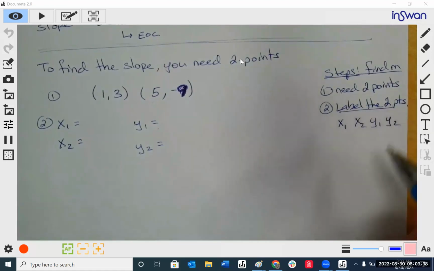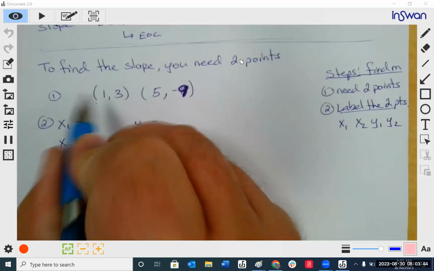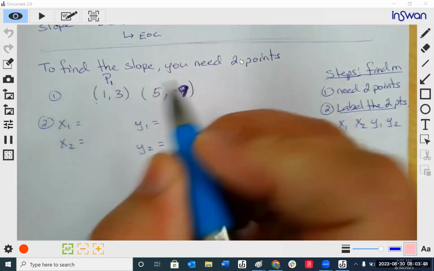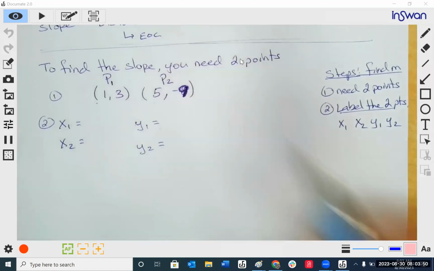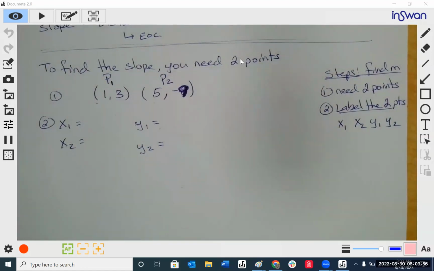We label the components of the 2 points. This is our first point. We can define it however you want to. And this is our second point. All this stuff is what we define as labeling the 2 points.